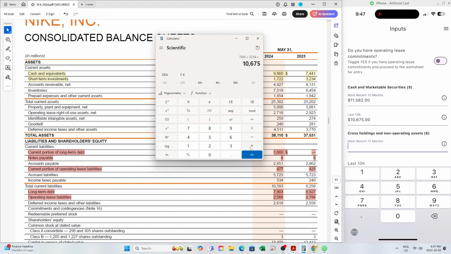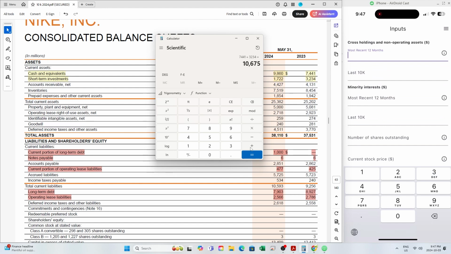And for cross holdings, Nike doesn't have any cross holdings or minority interest, so we will leave it as 0.